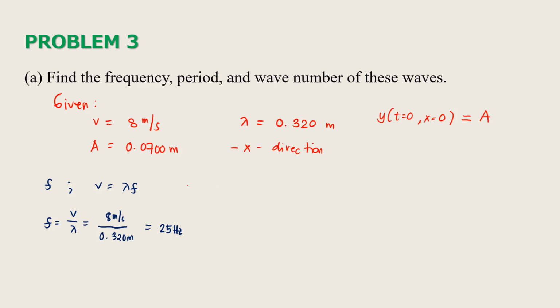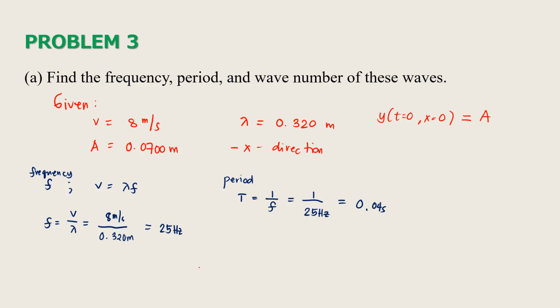Okay, and then we can easily find the period. The period, so this one is our frequency, F. So to find the period, we have this equation. T is equal to 1 over F. So we have 1 over the obtained value of the frequency, which is 25 hertz. So this is equivalent to 0.04 seconds.